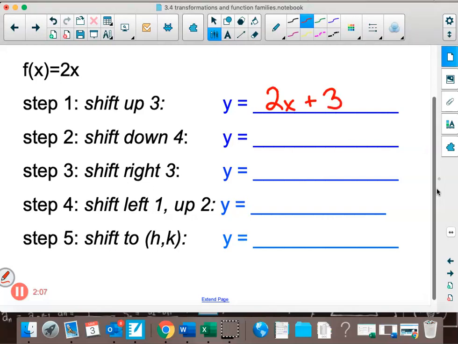Instead of just thinking of this 3 as being the y-intercept, here's what I want you to think. This 2x, that's our function. If I plug into this function, what would f of 1 be? 2. What would f of 2 be? 4. F of 3? 6. All of those values you just named are output values.